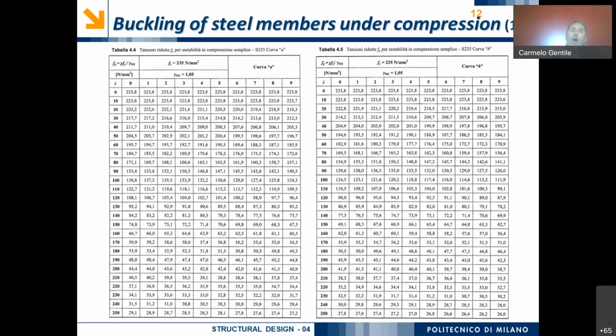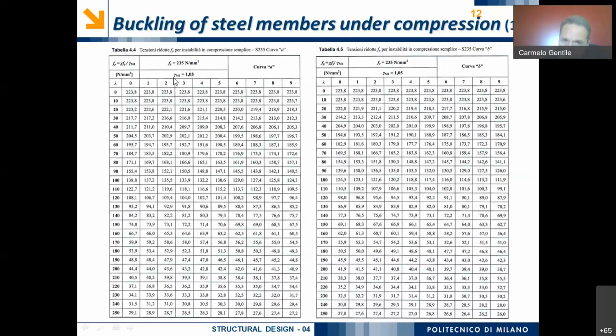Okay, if we want to look at the stability curve, I will send you the tables of the stability curves, okay? So these tables, in this case, are related to the curve A, to the value of the yielding stress of 235 Newton per square millimeter.